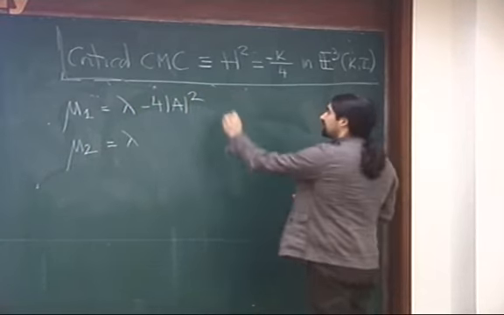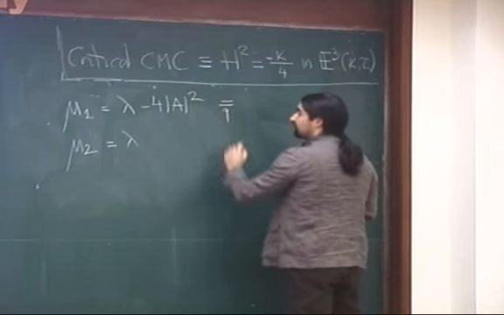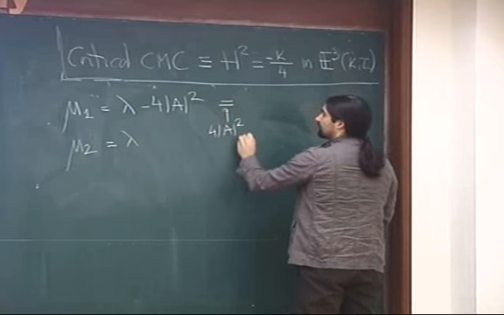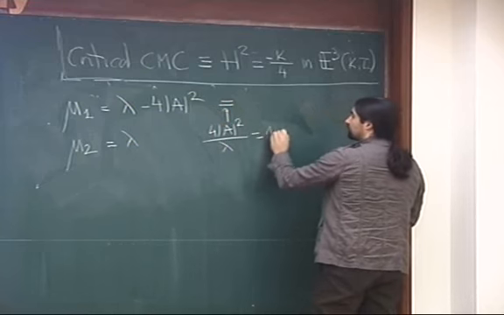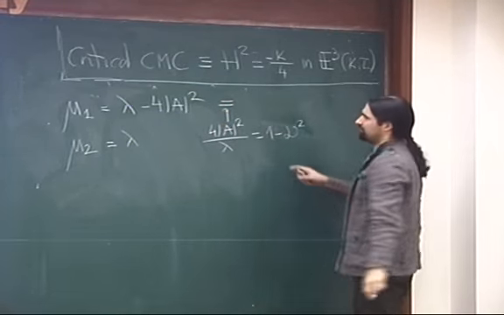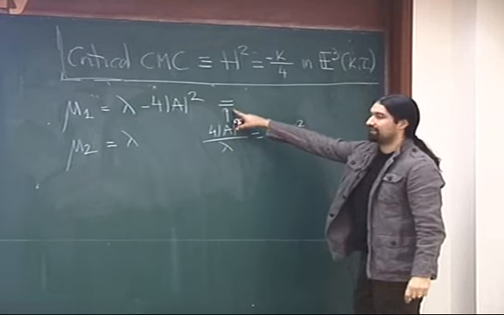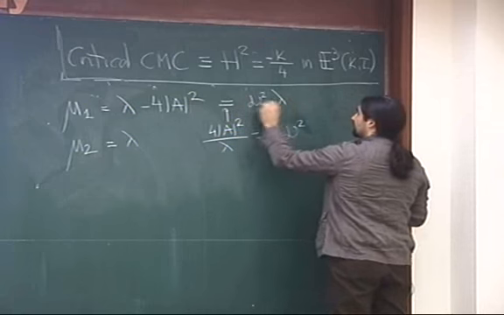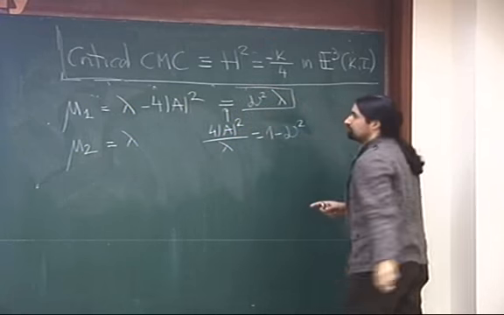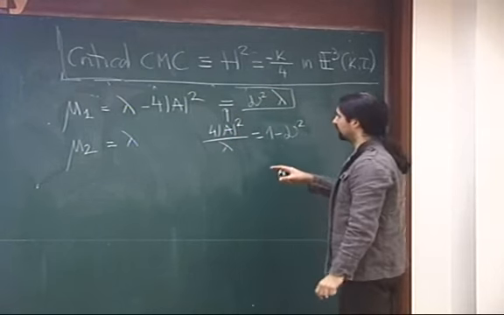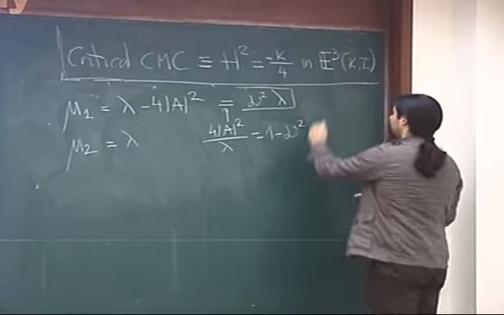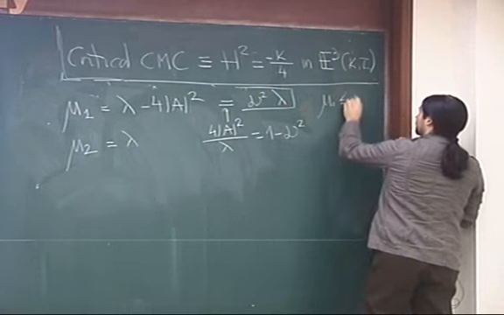But now, there is one of the basic conditions of the theory, that tells that 4 times the modulus of h squared divided by lambda equals 1 minus nu squared. If you write this down, it turns out that the first eigenvalue is actually lambda squared multiplied by lambda. So you have mu1 smaller than or equal to mu2.